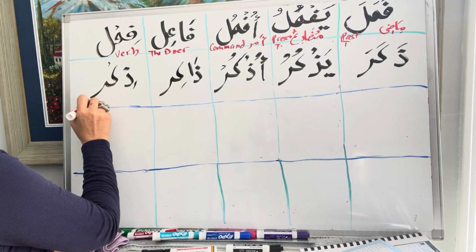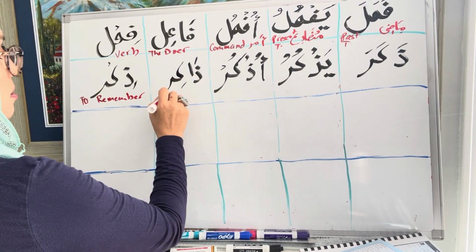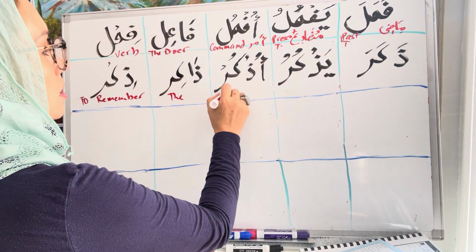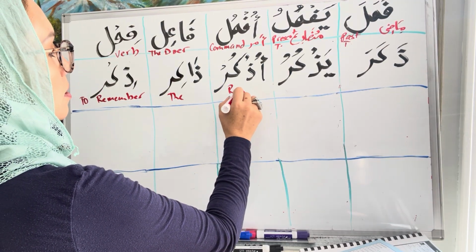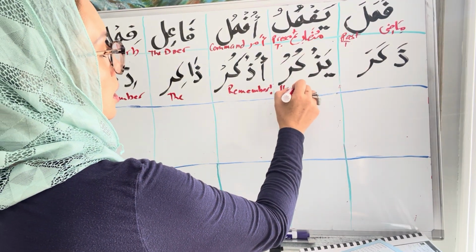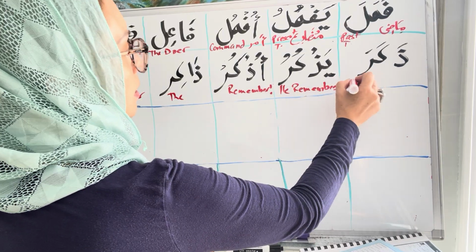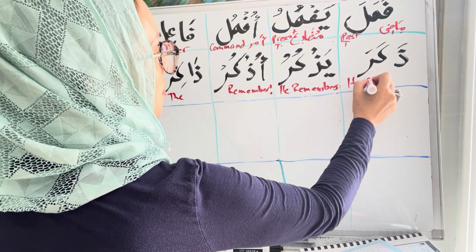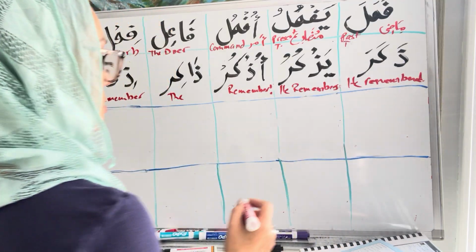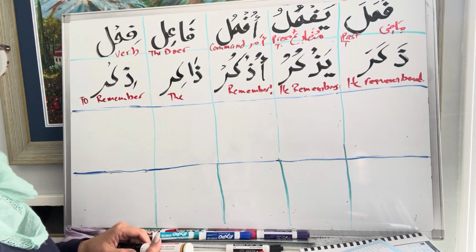The basic meaning is to remember. Zakir is the one who is doing the action of remembering. Udhkur, remember. Yadhkuru, he remembers. ذكر, he remembered. ذكر, يذكر, أذكر, ذاكر, and then ذكر.